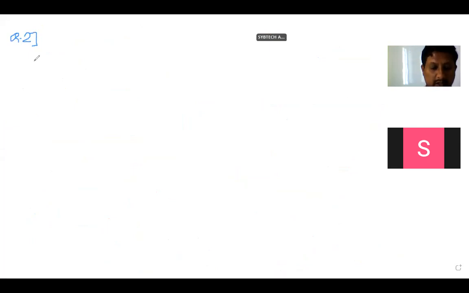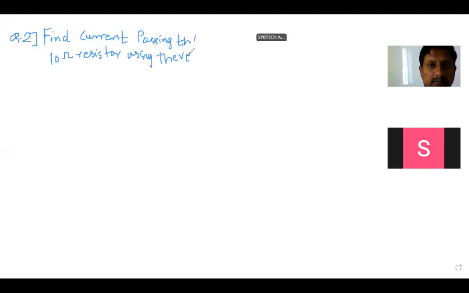I will give that example and everyone has to solve it. Find current passing through 10 ohm resistor using Thevenin's theorem.